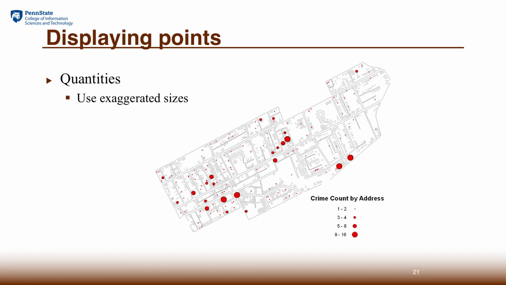For example, the map we see here is the aggregated number of crime counts by address. The same address can have many crimes reported, and we can calculate a number and show them as graduated symbols. Here we show the numerical count by the size of the circle to convey the idea that a larger number of crimes happened at a limited number of addresses.